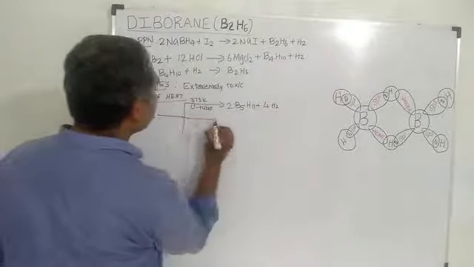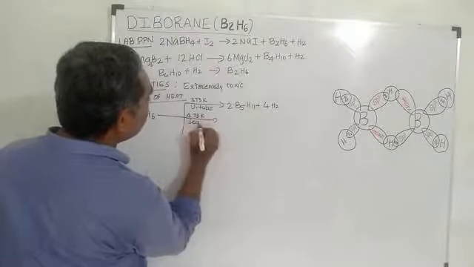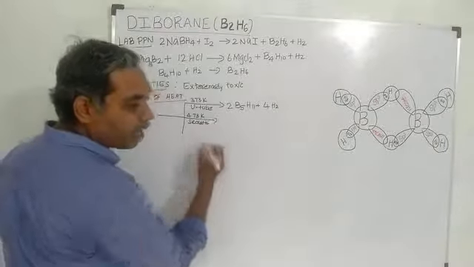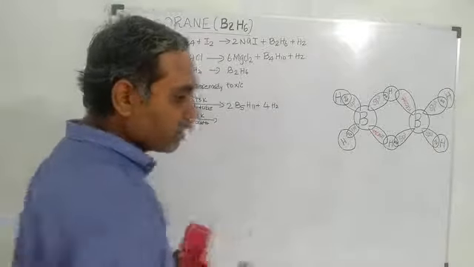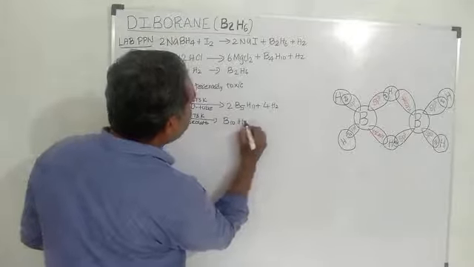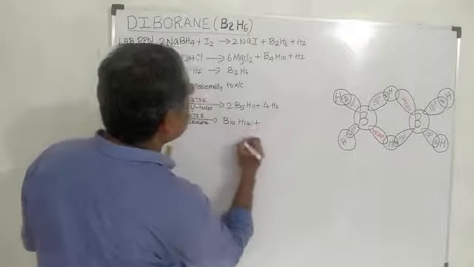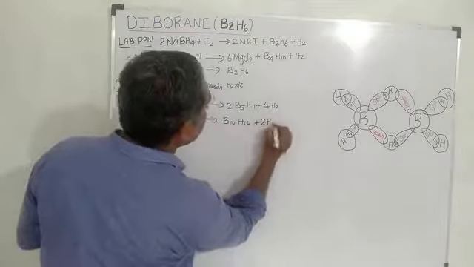Next is at 473 Kelvin in a sealed tube, we get B10H14 plus 8H2.